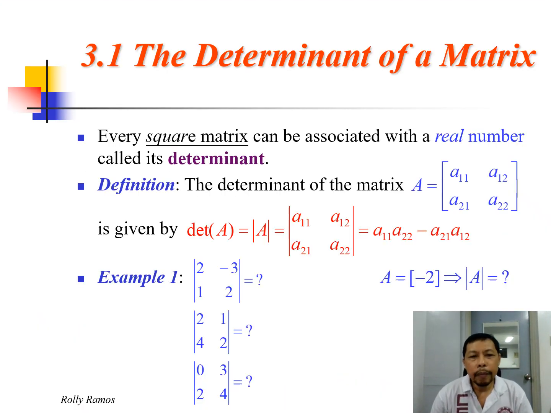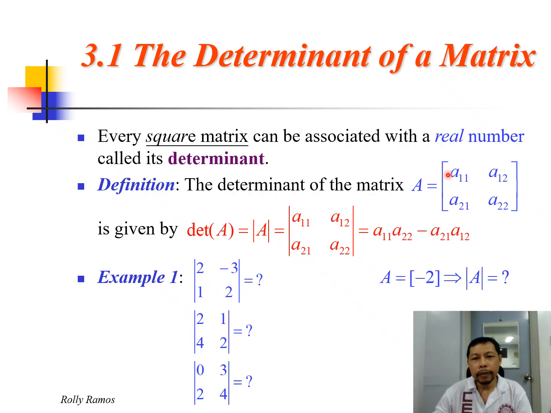Now, a matrix has a determinant if and only if it is a square matrix. And every square matrix can be associated with a real number called its determinant.